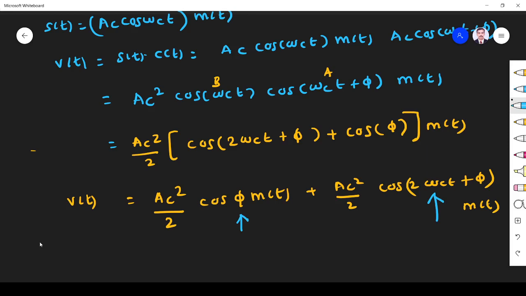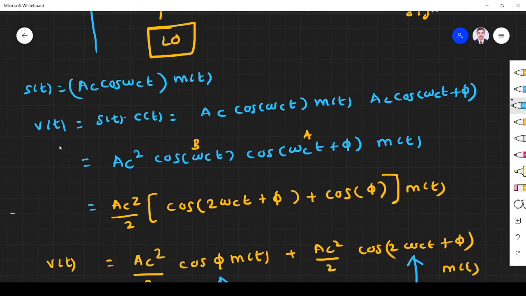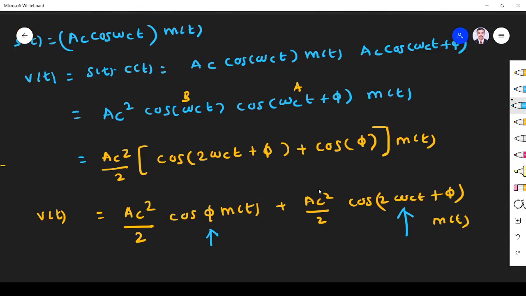So when you send the signal through a low pass filter, which has a low cutoff frequency, this portion will be stopped and only this portion will be allowed. That is what we will get.